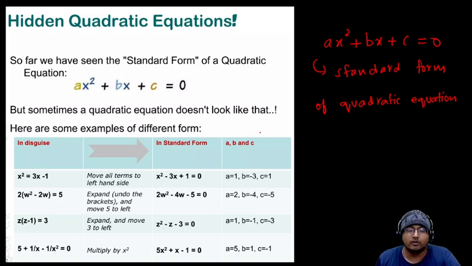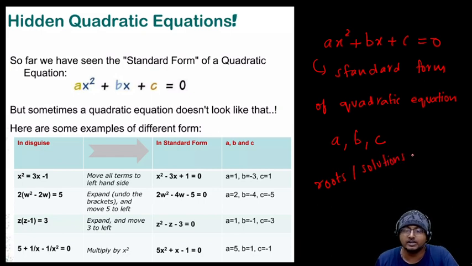We have already seen how any equation can be converted into the standard form, and from that standard form we can find the coefficient values of a, b and c. And I have told you how to find the roots of the equation, right? Roots or solution. I am going to teach now how to find the roots or solutions for quadratic equations.